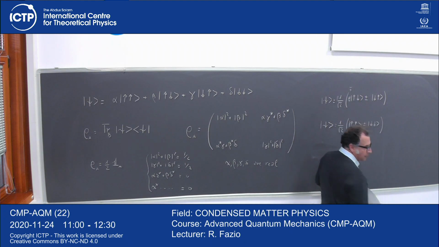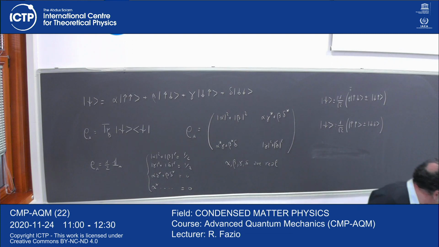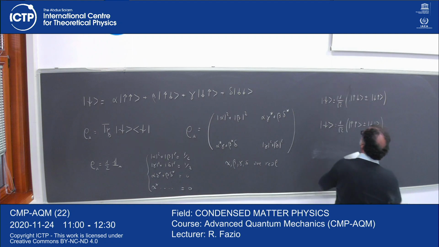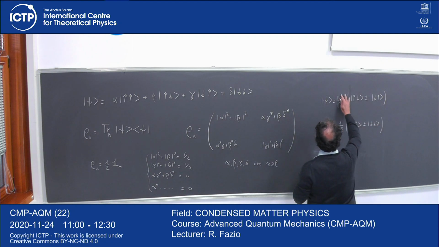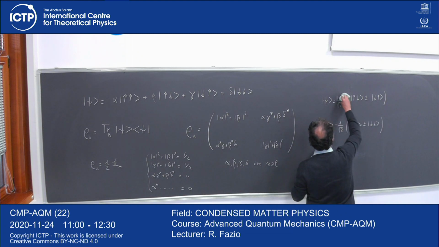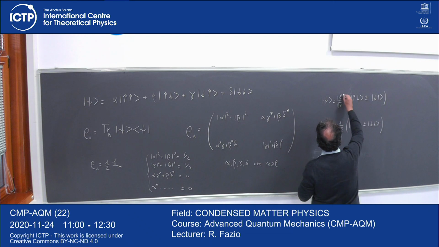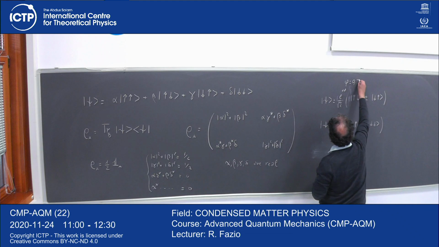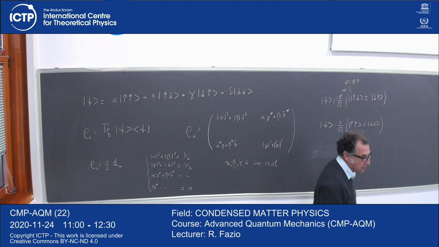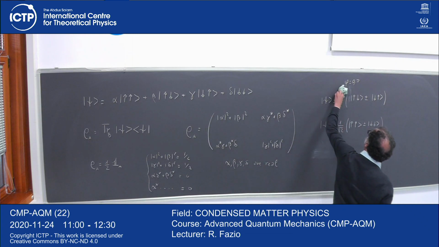But out of these four combinations, it is the same as having just plus minus here. But plus minus here means that you have e to the i phi, where phi is either 0 or pi, which is a global phase, so has no effect. Okay, so I will ignore this.